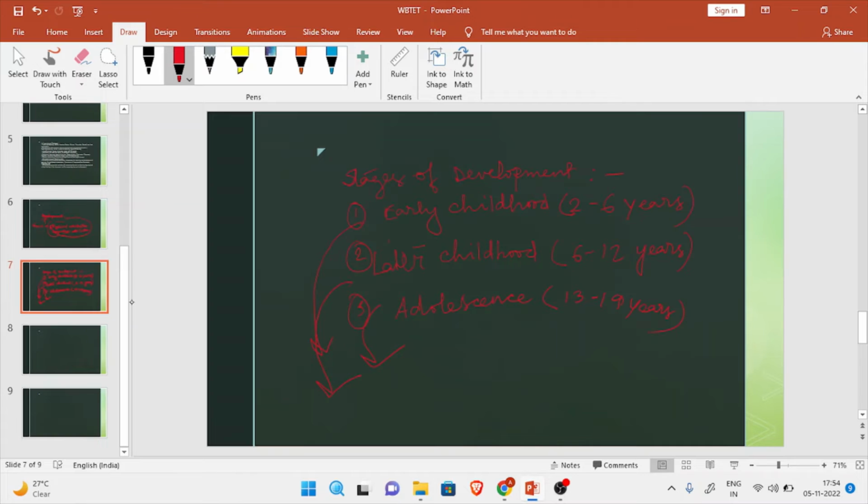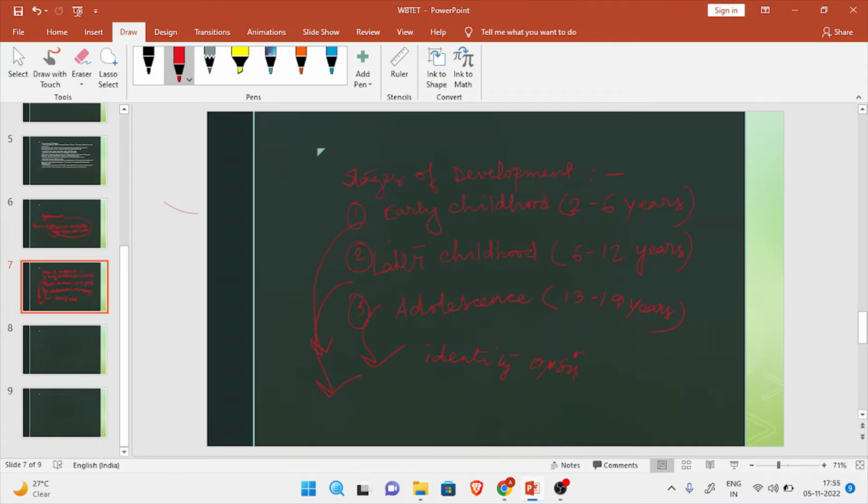Actually, in this stage, children go through an identity crisis sometimes, because they sometimes do not know what to do.